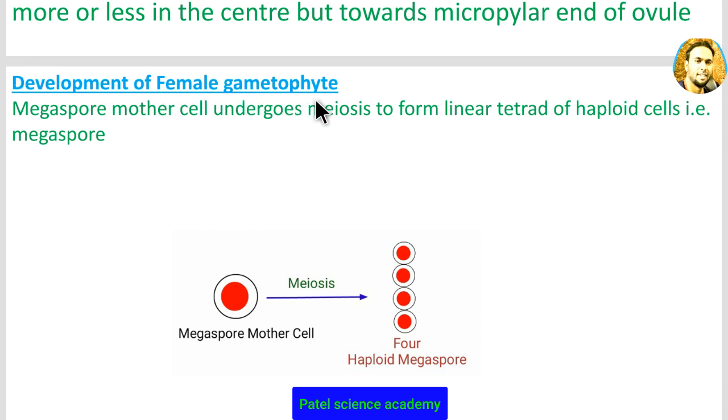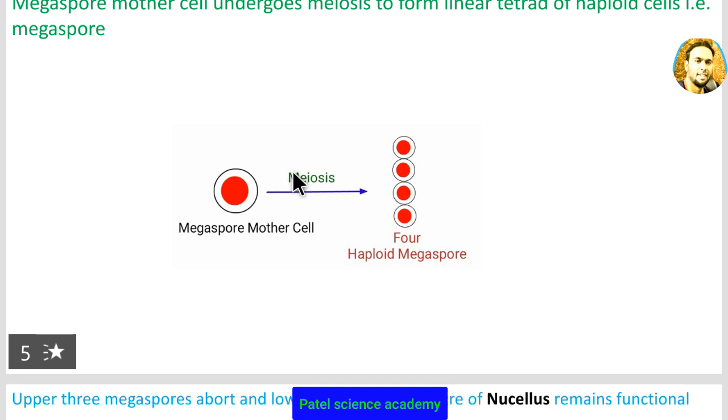The development of the female gametophyte. How is this female gametophyte developed from the megaspore mother cell, the diploid cell? The megaspore mother cell undergoes meiosis first, to form a linear tetrad of haploid cells, that is megaspores. By meiosis, it undergoes reduction division, and in the very first reduction division it linearly divides into 4 haploid cells.